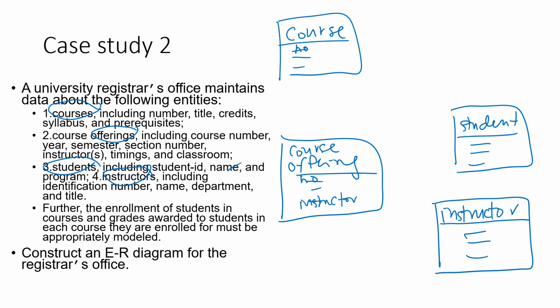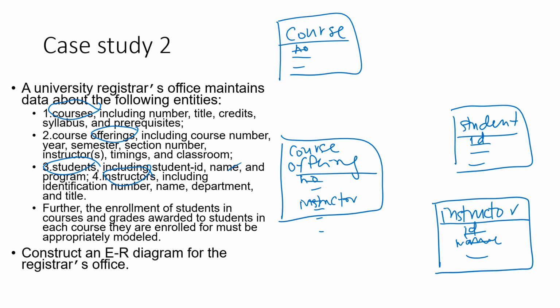So you need to write everything given. Then instructor: ID, name, and so on. Student: ID, name.